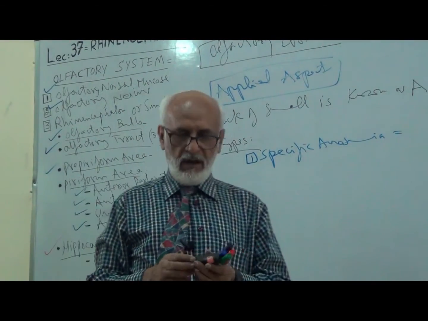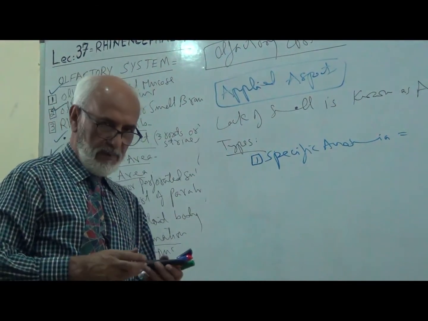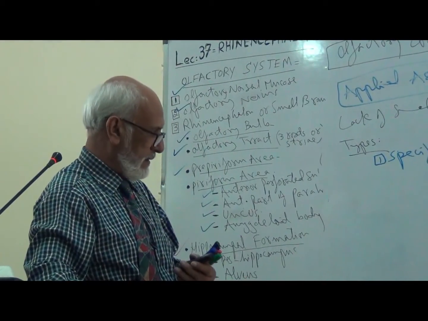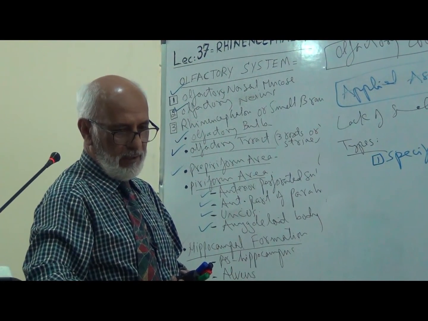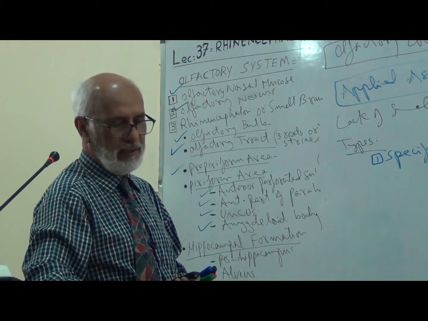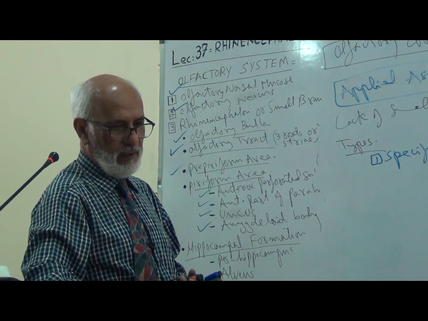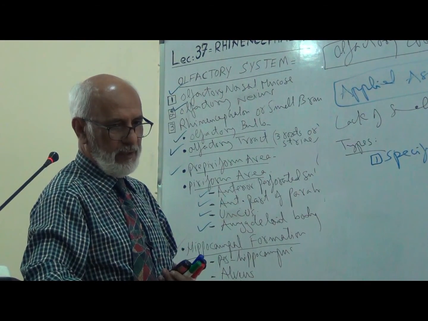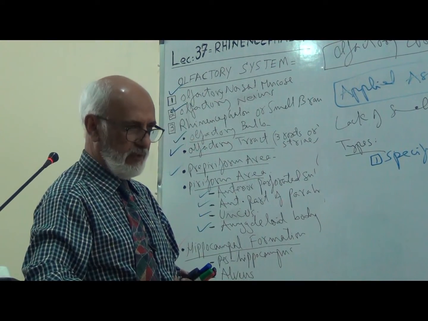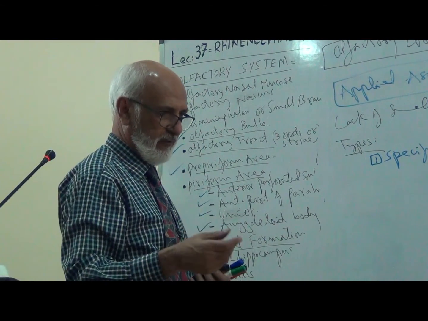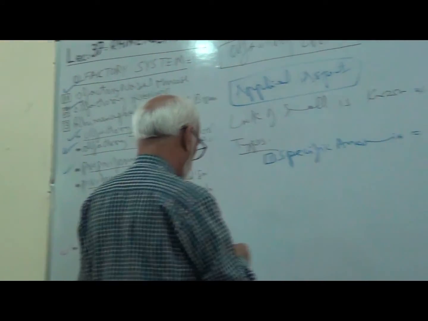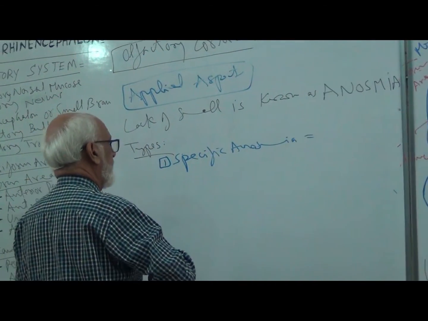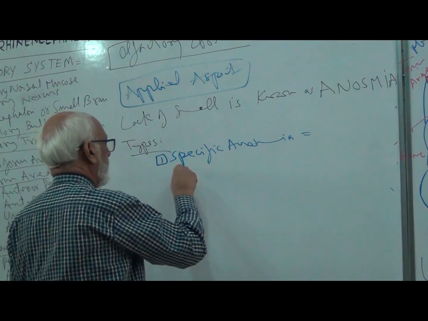It is because of the absence of odorant binding proteins in the wall of cilia. So for a specific smell, that smell cannot be identified by the patient. Such type of anosmia is called specific anosmia.